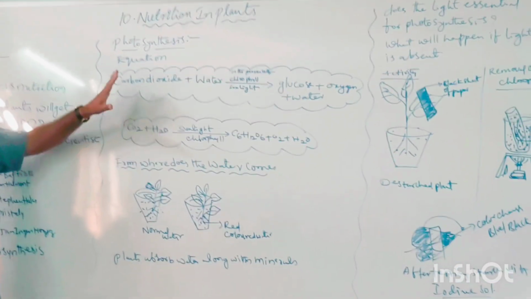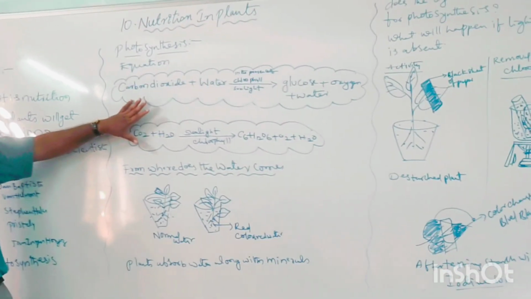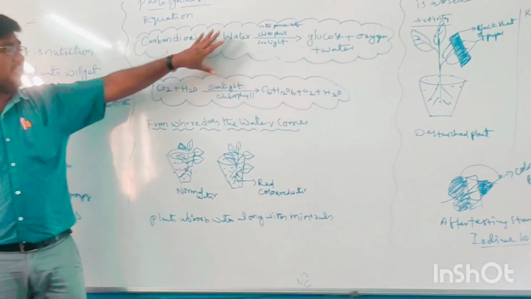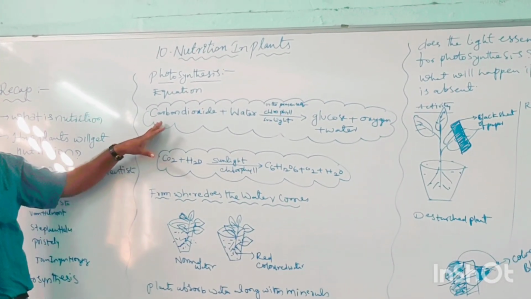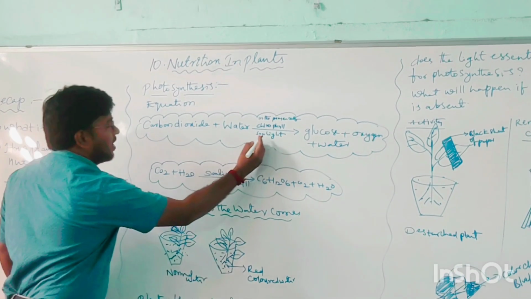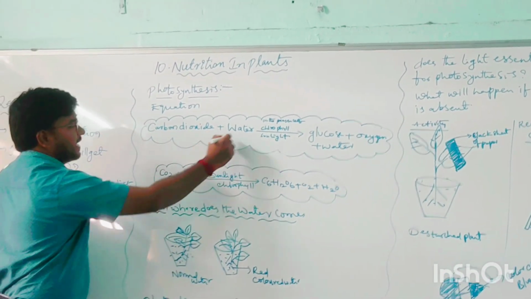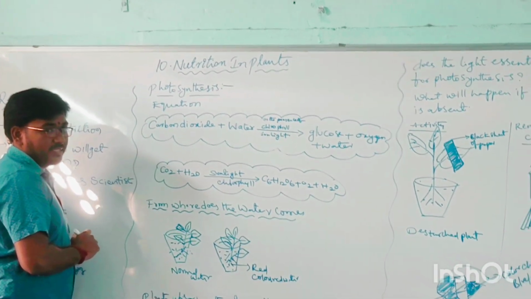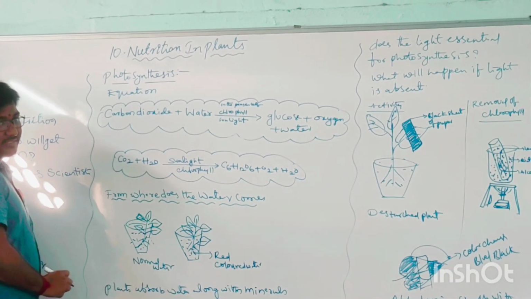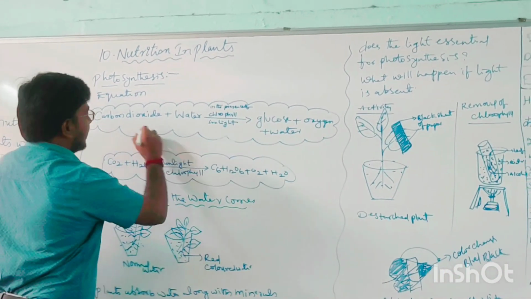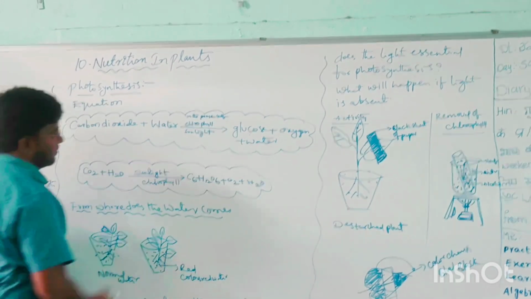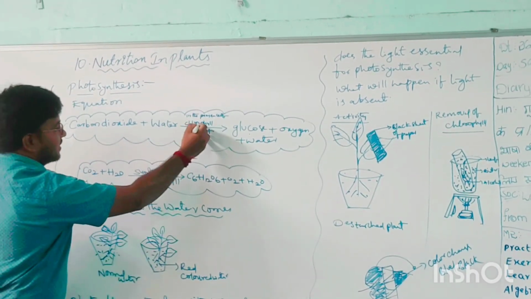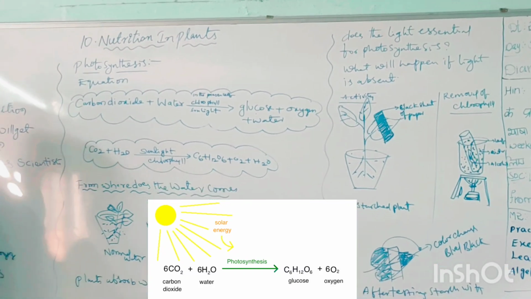Let us look at the equation of photosynthesis, the normal equation using formulas. On the left side of the arrow you can see the ingredients of photosynthesis, that is, the raw materials. By using these materials, what will be the products? Glucose, oxygen and water, in the presence of chlorophyll and sunlight.